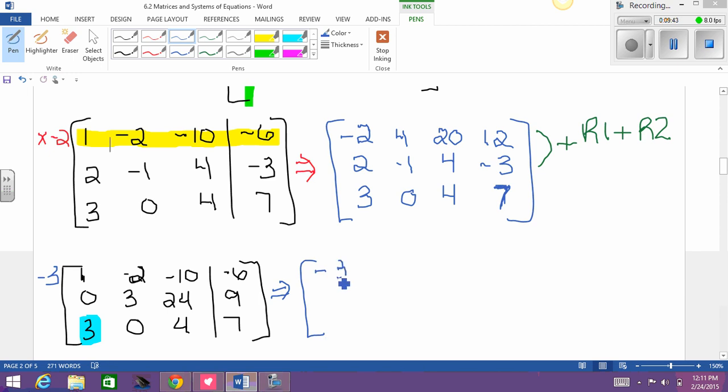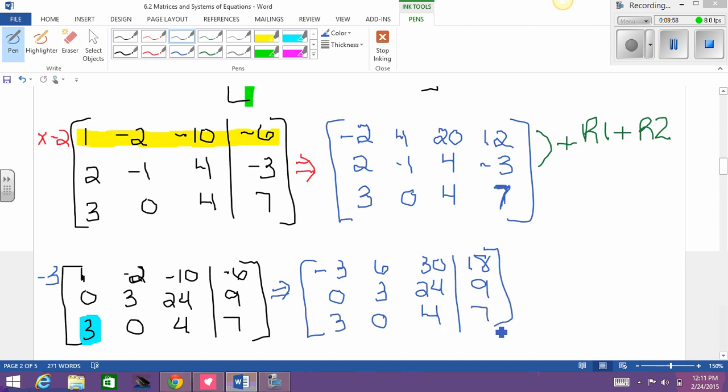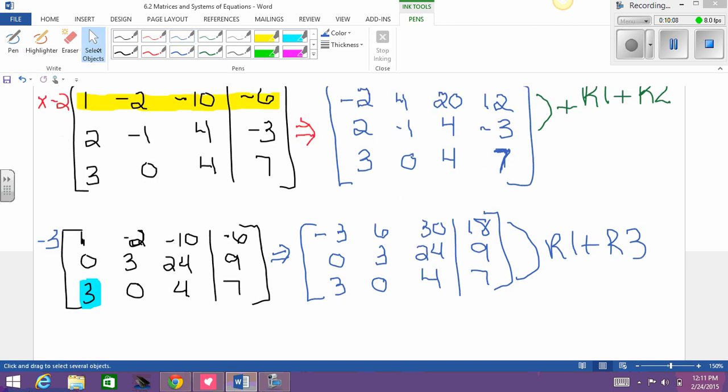So negative 3, 6, 30, 18, then 0, 3, 24, 9, then 3, 0, 4, 7, right? So then what am I going to do? Well, it looks like I'm going to take these two and add row 1 and row 3.